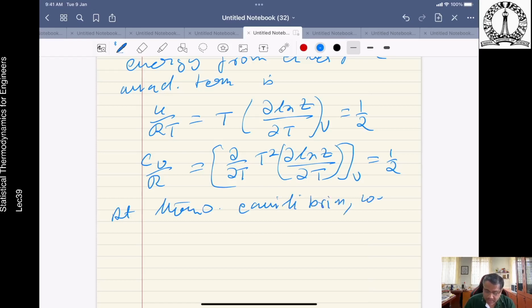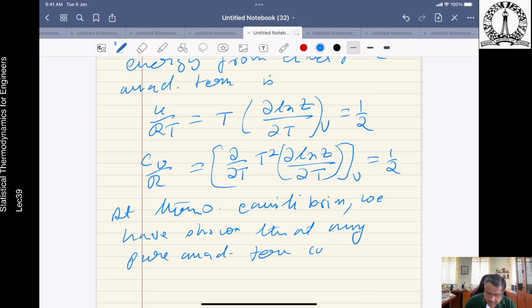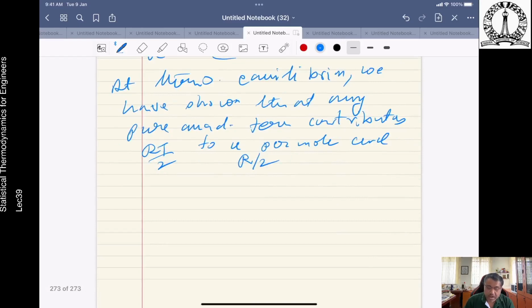Therefore, at thermodynamic equilibrium, we have shown that any pure quadratic term contributes RT/2 to U per mole, and R/2 to heat capacity per mole.